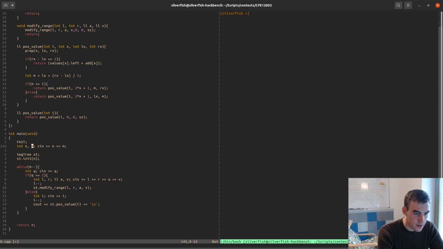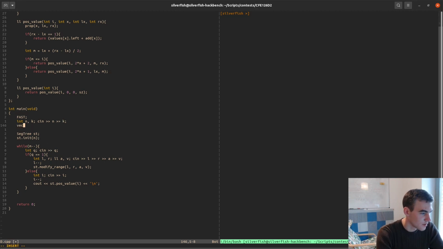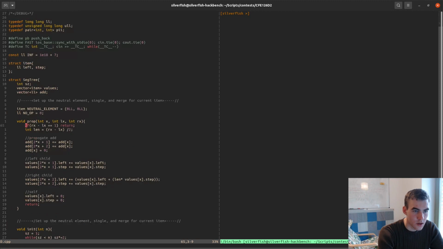Now I have n and k. I make a segment tree of size n, and I also have vector int b, and that's long, and I also have the segment tree store longs.